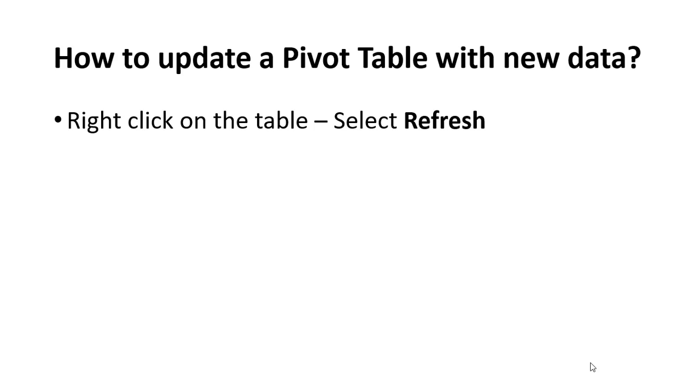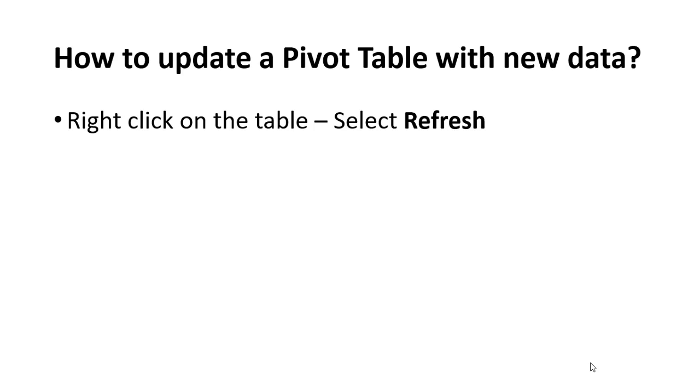In that case, if you make that change to the database, it may not automatically reflect in the pivot table. Instead, you may have to do one particular thing. It is a very simple thing.